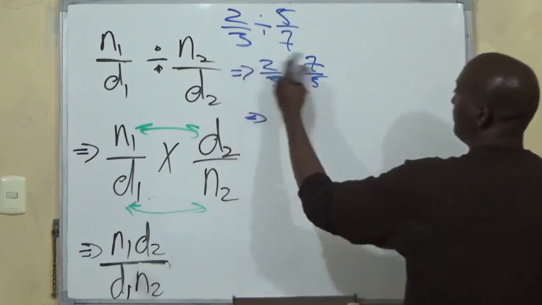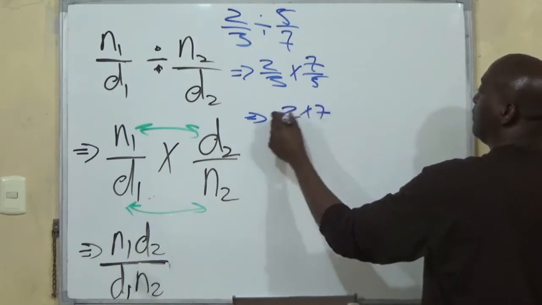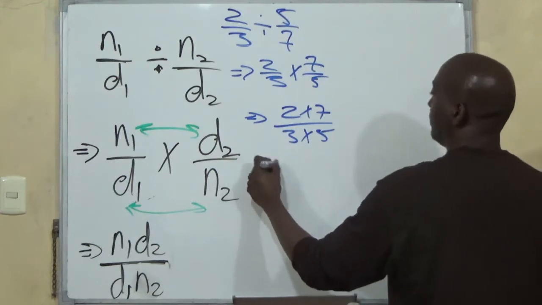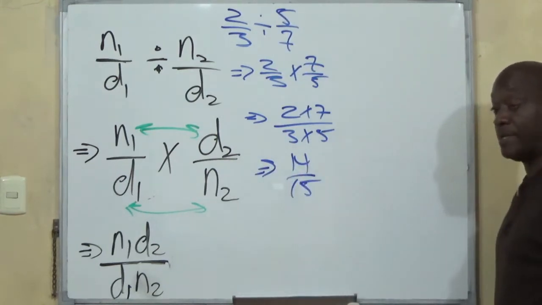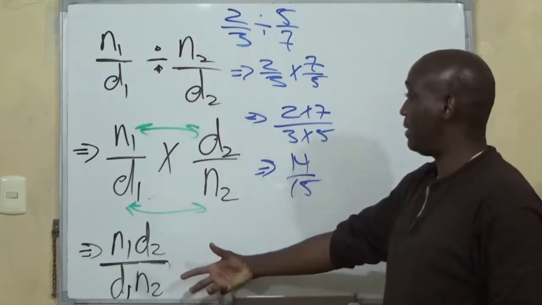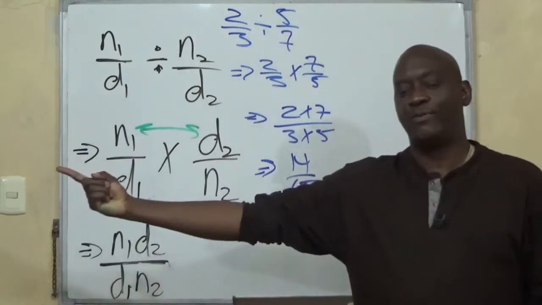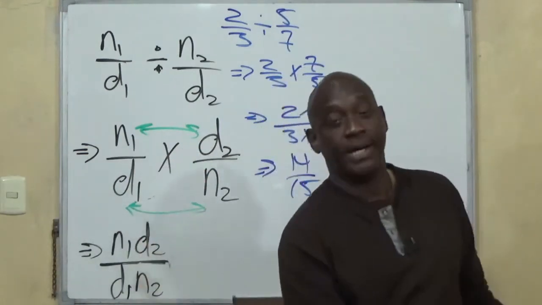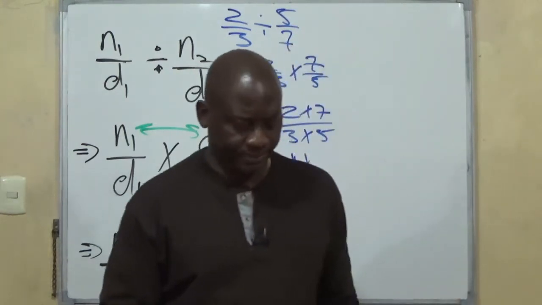And that now would be, you multiply numerators, 2 by 7, over 3 by 5, which will give you 14 over 15. So you do your thing with the flipping and the reciprocal, and then once you get to this point, you go back to your default setting, which is to multiply the numerators on top and the denominators below, and boom, problem done.